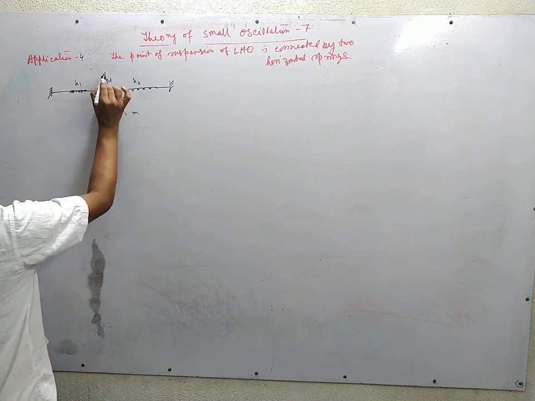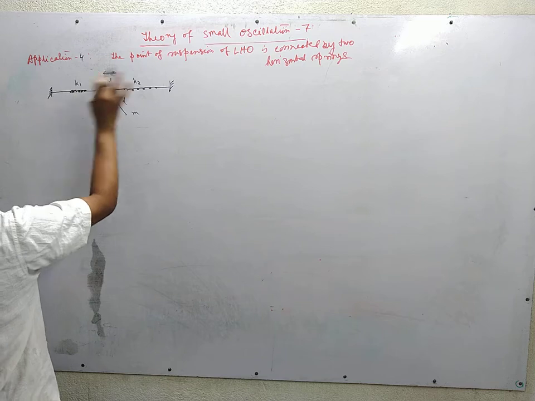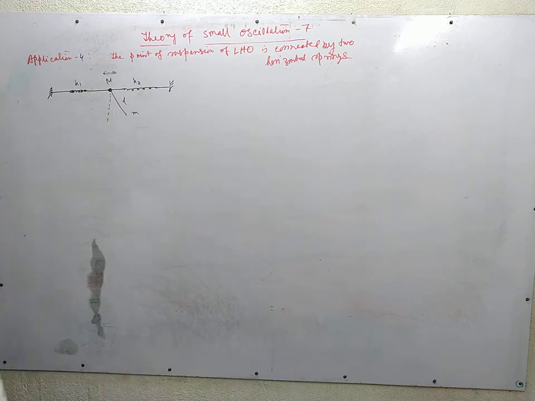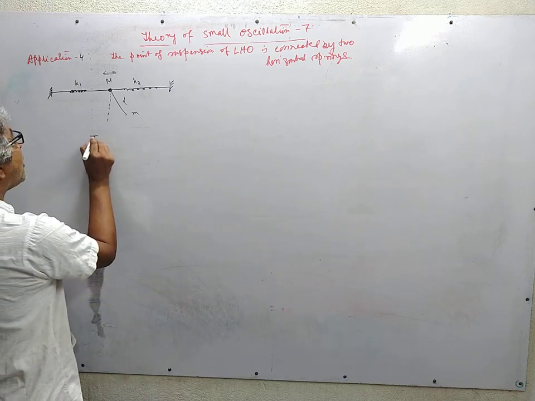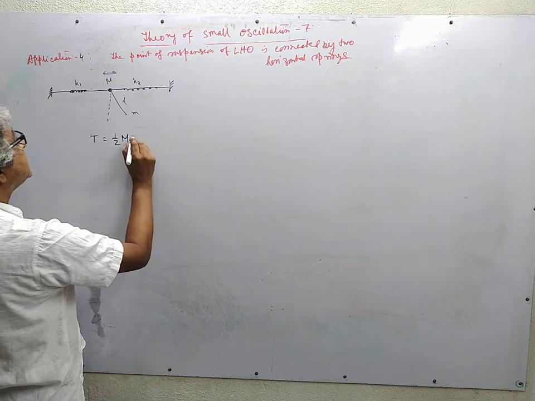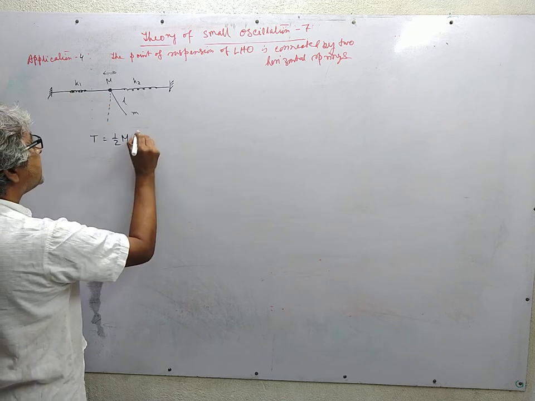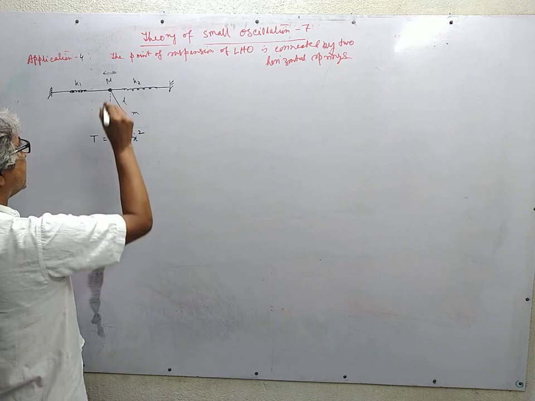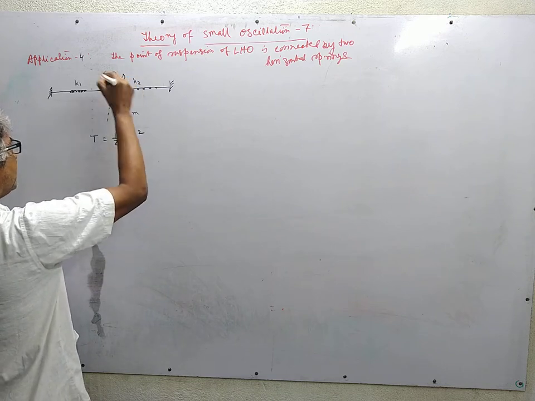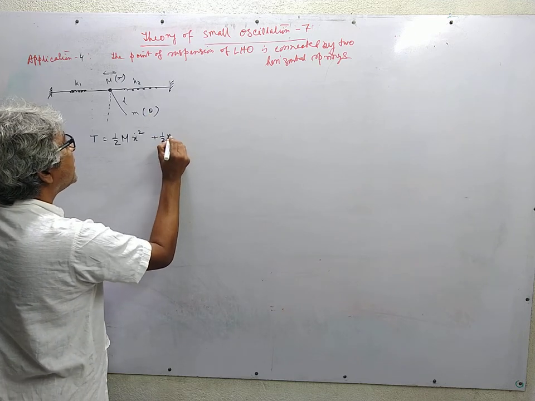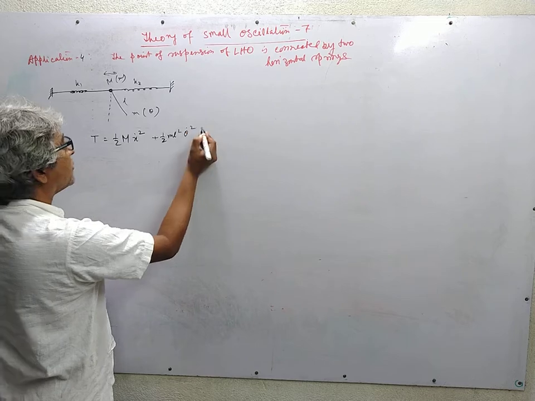So this point executes simple harmonic motion under the action of these two springs, and this part executes as usual planar motion. The kinetic energy is half M x dot square, where x is the displacement along this and the generalized coordinate assigned to it is x, and for this it is theta. So it is half m l square theta dot square.